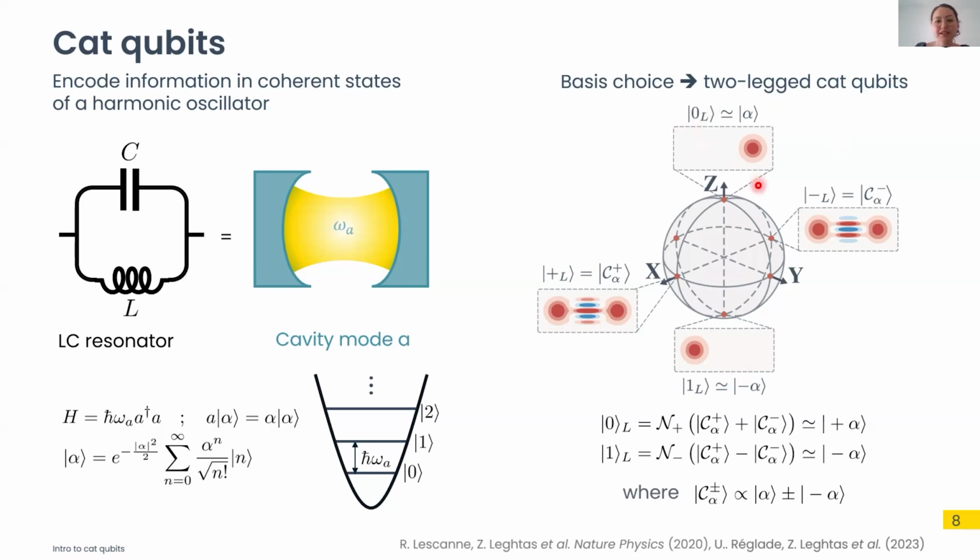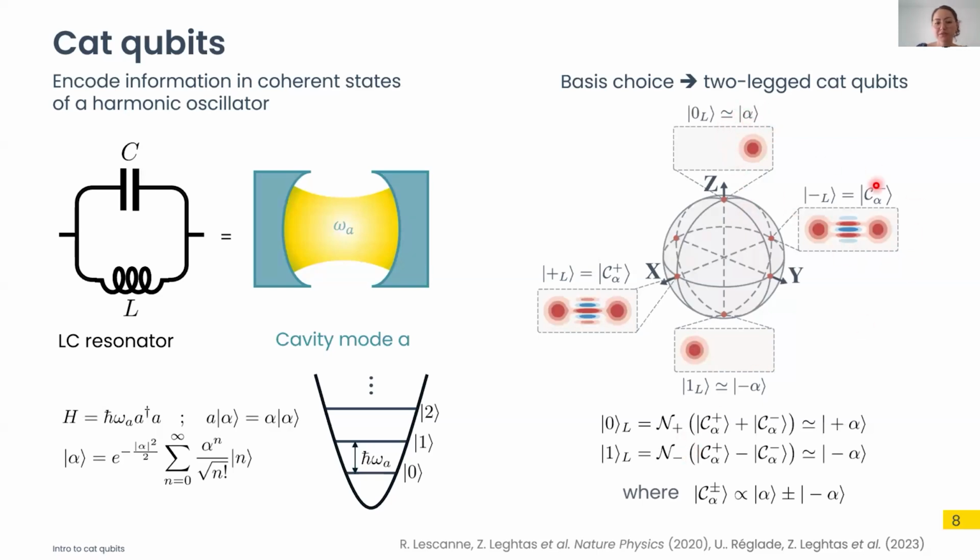And then in this phase space, we can choose a basis to encode information. And here I'm going to talk about the two-legged cat qubits, so this basis that I'm showing here. The logical zero is going to be this coherent state displaced to the right. The logical one is going to be this coherent state displaced to the left. And then a bit flip is going to be flipping from plus alpha to minus alpha.